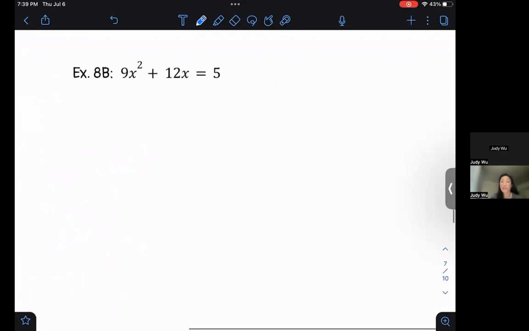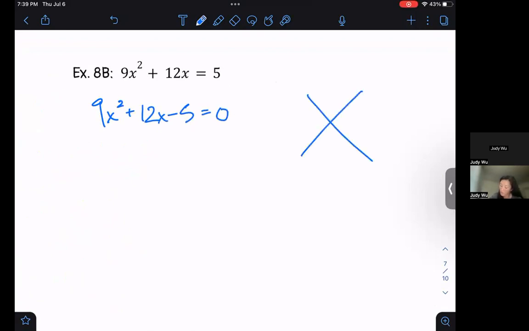Now, in order to do 8b, before we do anything else, we actually need to subtract the 5 to the other side. So 9x squared plus 12x minus 5 equals 0. Now, a times c is negative 45, b is 12. So I'm thinking about numbers that multiply to make 45, but add to make 12. Let's see, what do we have?